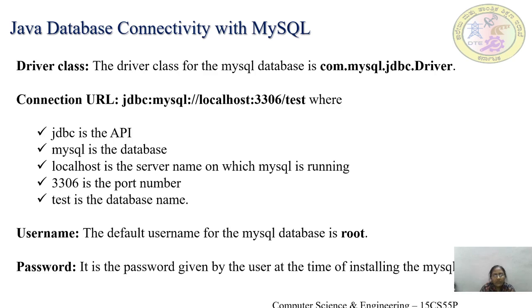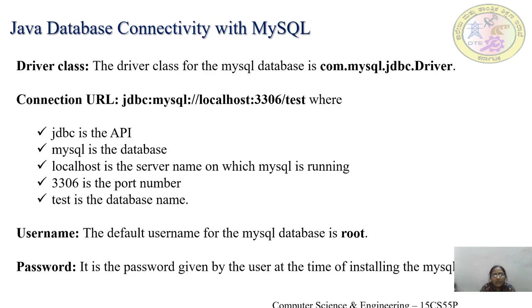The driver class for MySQL database is com.mysql.jdbc.Driver and the connection URL is jdbc:mysql://localhost:3306/test, where JDBC is the API, MySQL is the database, and localhost is the server where we have installed MySQL. Suppose you have installed MySQL on a different server, then you need to pass the IP address here. 3306 is the port number on which MySQL is running.